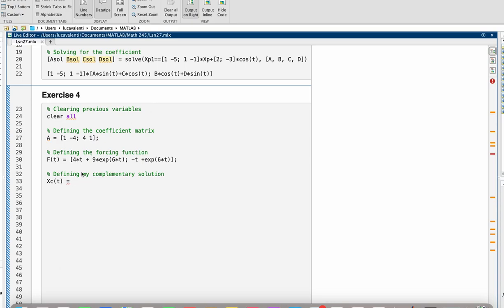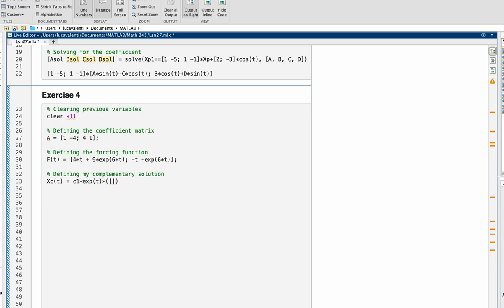So let me write the solution now. It's going to be c1 times e to the t, and that's all multiplied by 1, 0 times the cosine of 4 times t, minus, and here I need to put a semicolon, minus 0 and -1 times the sine of 4 times t.